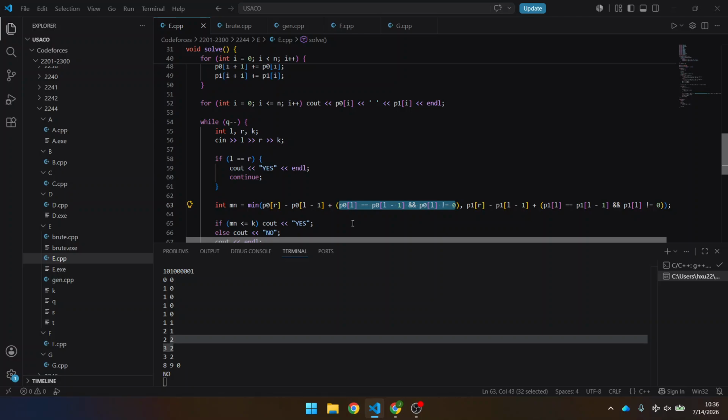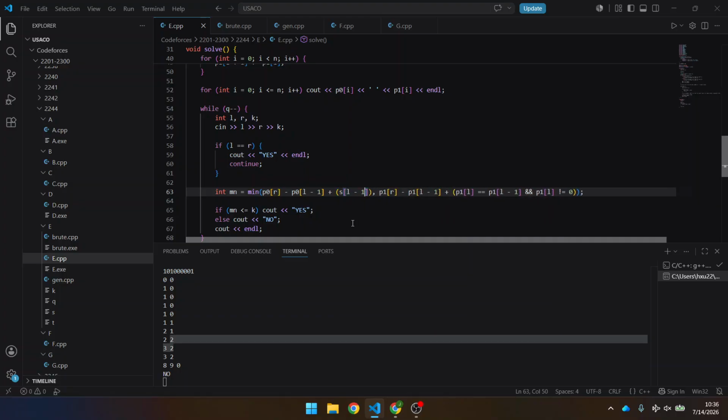Plus if L is not fine. So S minus 1 equals 0 plus L 2.